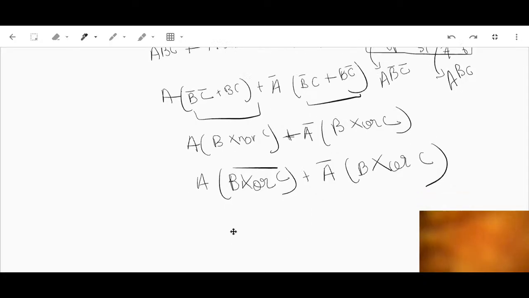So here the same thing will be happening.